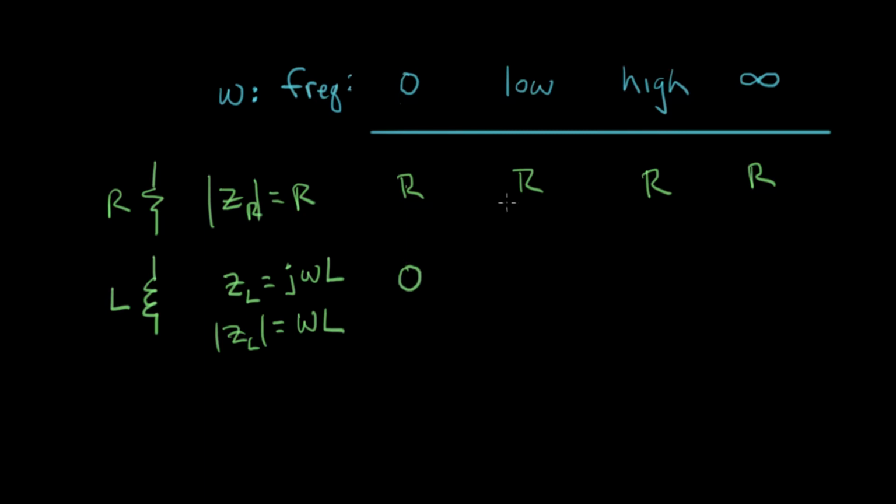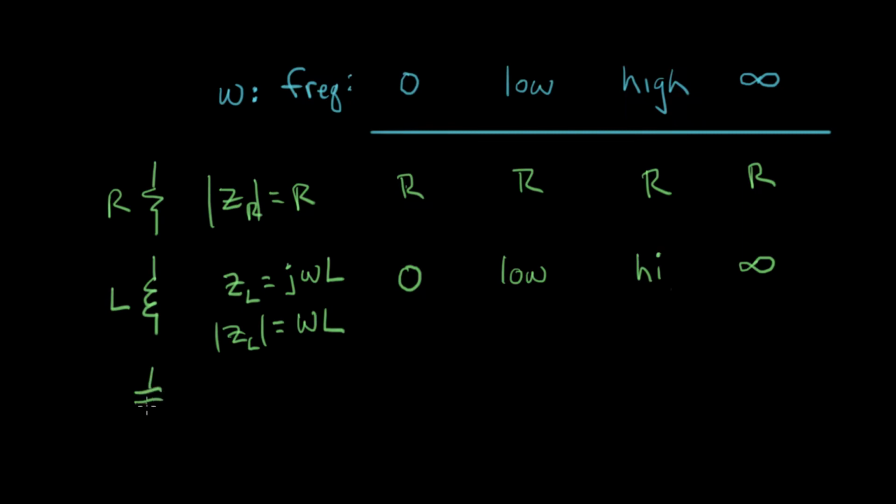And when omega is low, the impedance is going to be relatively low. And as the frequency gets high, omega L becomes a larger number, so it becomes high. And if we let the frequency go to infinity, then omega becomes infinity, and this becomes infinity. So we see in an inductor, from low frequency to high frequency, the impedance of the inductor goes from 0 up to infinity.